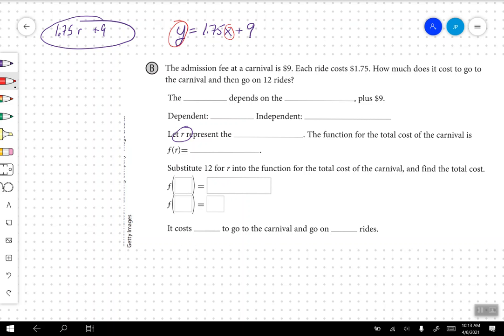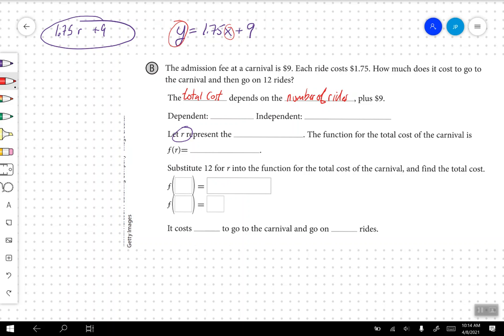Okay, so the total cost of going to the carnival depends on what? Well, looks like it's going to be the number of rides plus $9. So which one's dependent? Which one will not happen unless something else happens?